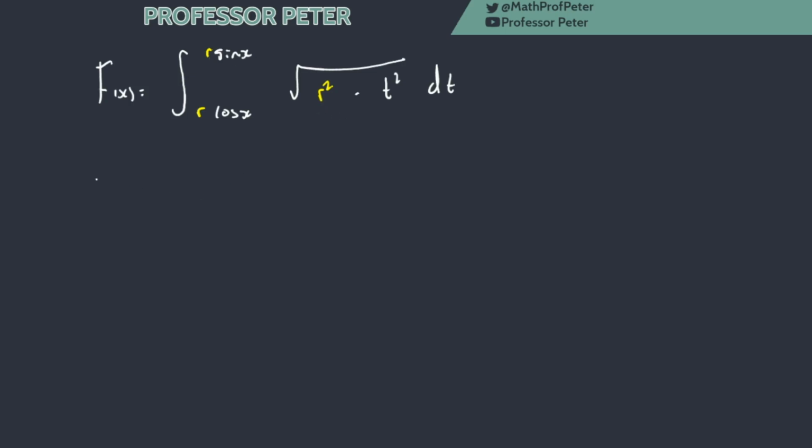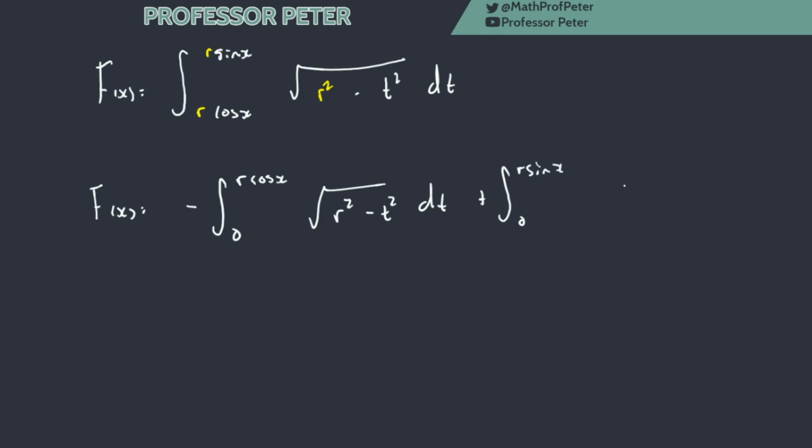Okay, so now when we differentiate it, maybe I'll still set things up and say, okay, we're still going to have this negative integral from 0 up to r cosine x of the square root of r squared minus t squared. We're still going to do all this kind of cut the integral up, flip around the limits of integration when we need to.